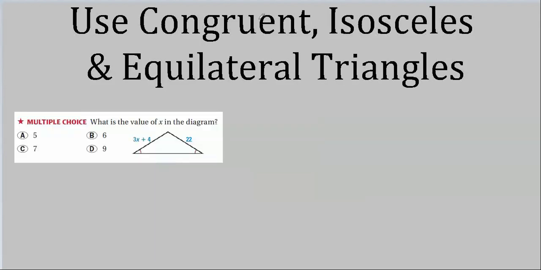Okay, in this problem we've got two congruent angles. Well, this is definitely a job for our converse base angles theorem. These two sides must be congruent. So we just set up our algebraic equation again.